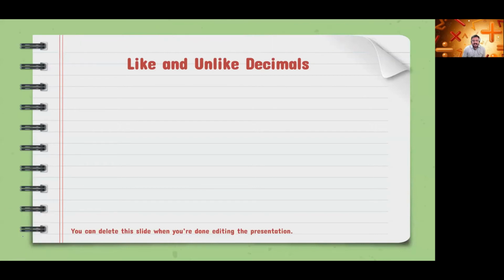Now we will see like decimals and unlike decimals. Before that, tell me, what do you mean by like fractions and unlike fractions? Yes, sir. Like fractions mean the numerator is smaller than the denominator, and unlike fractions mean the denominator is greater than the numerator.